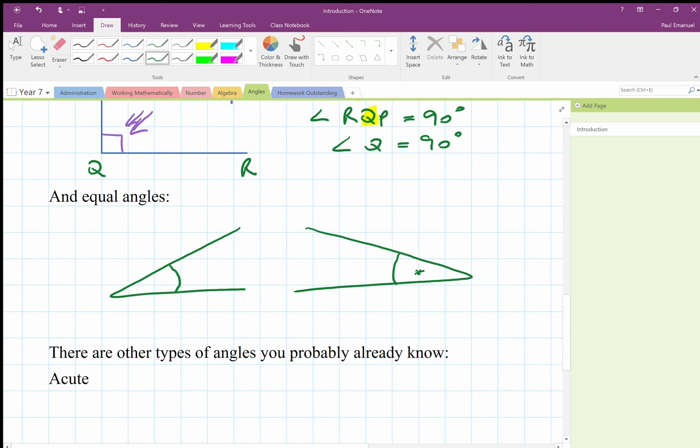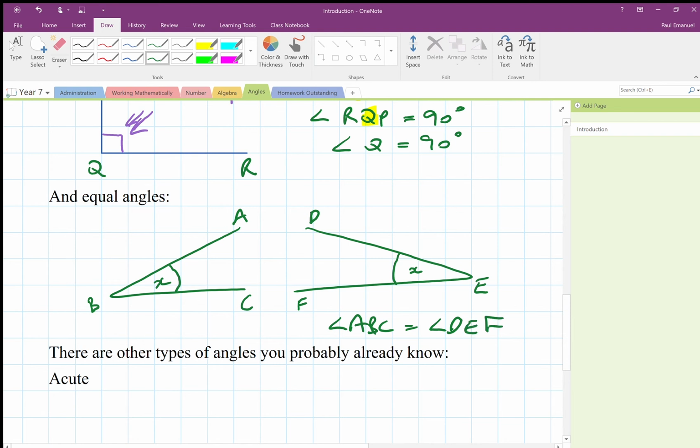Now that we've done algebra, more common than that is we would put an algebraic symbol in there. And because I've said they're both x, that means they're both equal because x is a value and they have the same value. And another way I could do it again is I could say that angle ABC equals angle DEF.